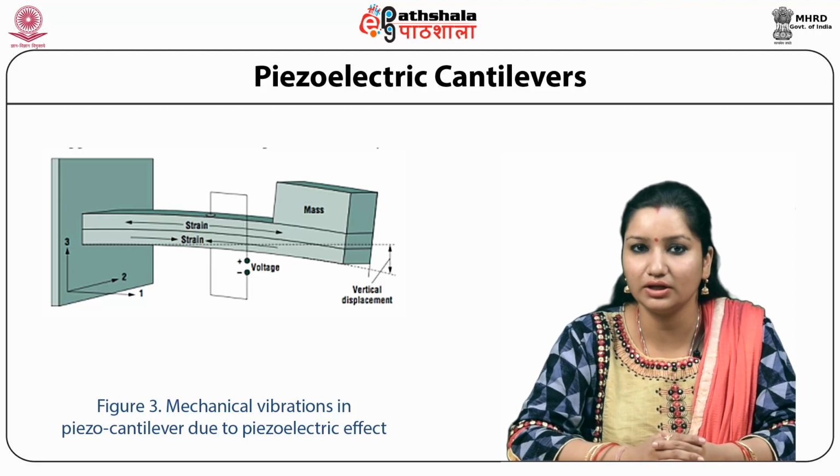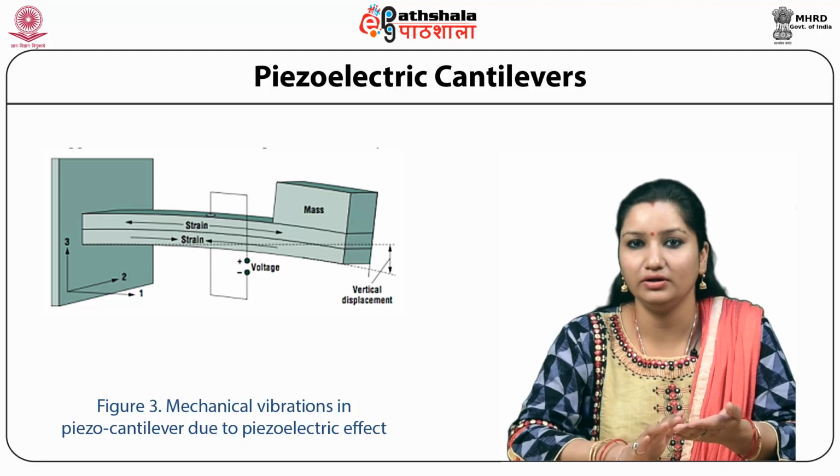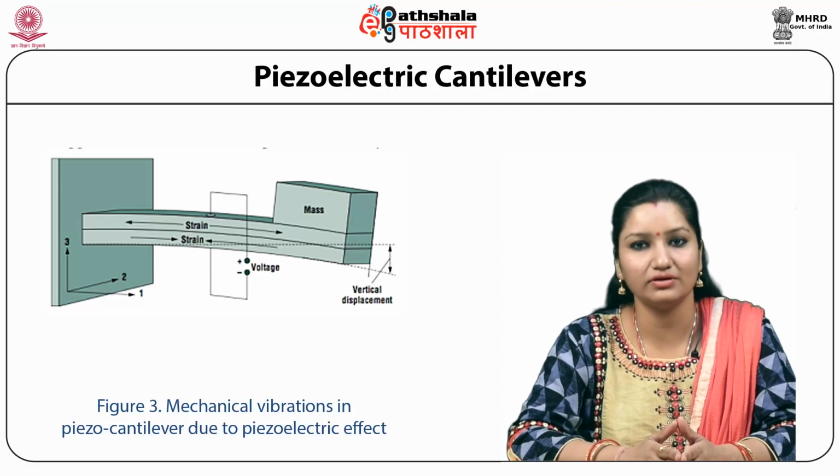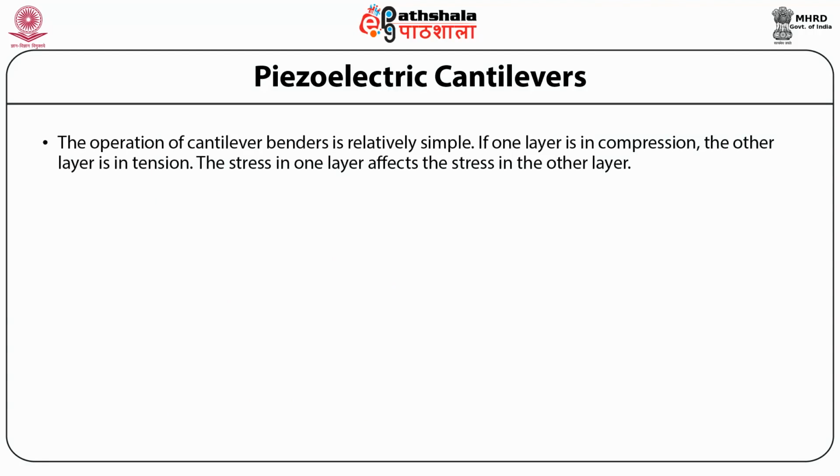When a substrate material is sandwiched between two piezoelectric materials, the device is known as a bimorph. The operation of cantilever benders is relatively simple. If one layer is in compression, the other layer is in tension. The stress in one layer affects the stress in the other layer.